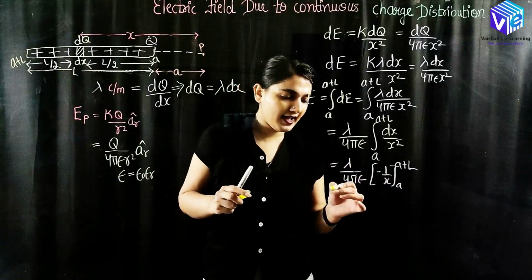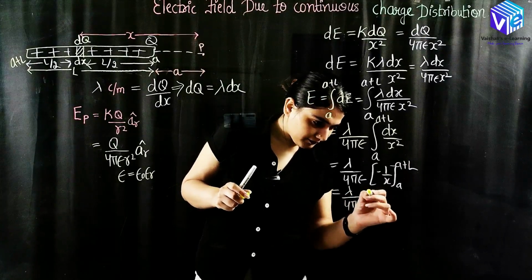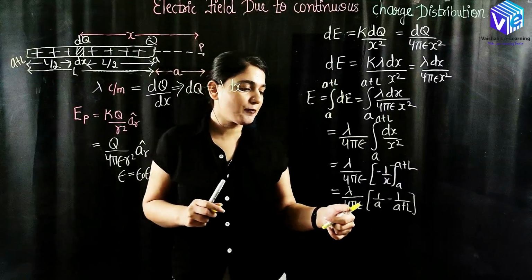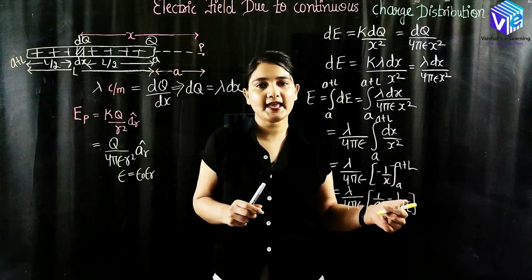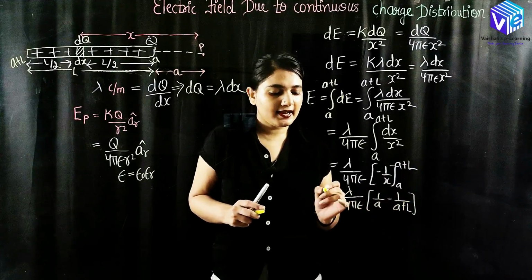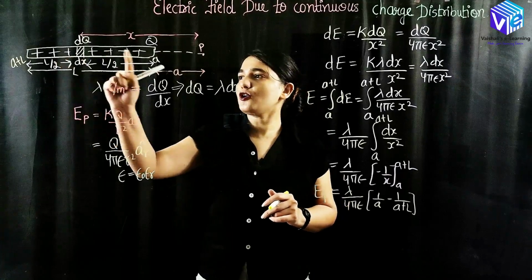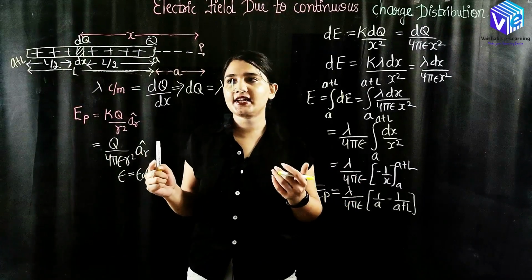So if I have to represent my final answer, it is lambda upon 4 pi epsilon into (1 upon A minus 1 upon A plus L). This is my electric field at the point P because of all of this continuous charge distribution. Now what is the direction?